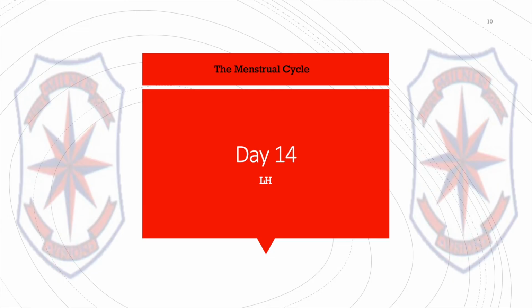Remember, the first hormone that is secreted, FSH, makes the follicles become bigger and bigger. Then the follicles secrete our second hormone, which is estrogen. Day 1 to day 13, FSH and estrogen. Day 14, LH.